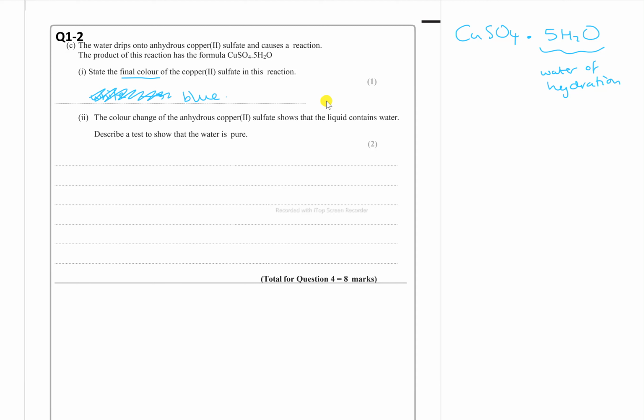It says state the final color. The color change of anhydrous copper 2 sulfate shows that the liquid contains water. Describe a test to show pure water. So look here. Right. To show water is present, what shall I do?